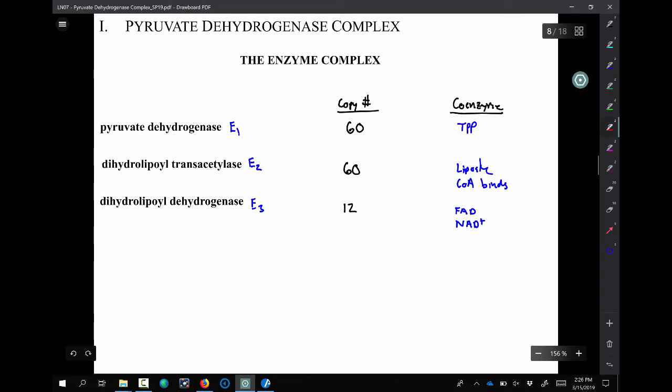Function-wise, pyruvate dehydrogenase decarboxylates pyruvate. This will help us later on. It will also carry out a redox reaction.